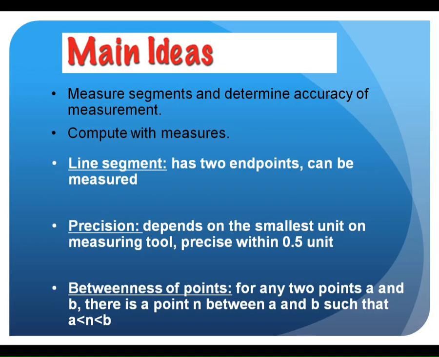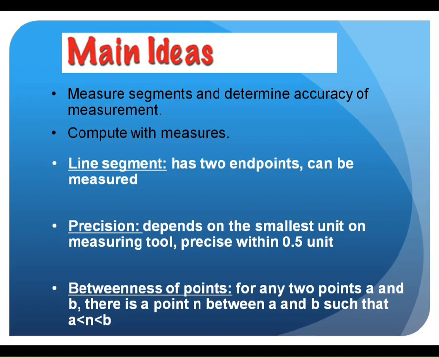Betweenness of points. This is a complicated way of saying you can have a point that's between two other points. Okay? If you have 3 collinear points on the line, one of them is between the other 2. That's just the math definition or the book definition for betweenness of points. Okay? We talk about things between other points. It's just in the middle of them. Okay? It's not necessarily directly in the middle, but it's between them.